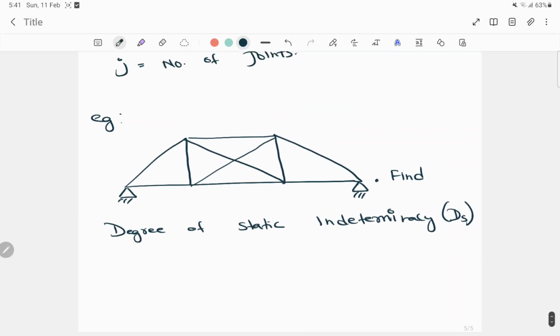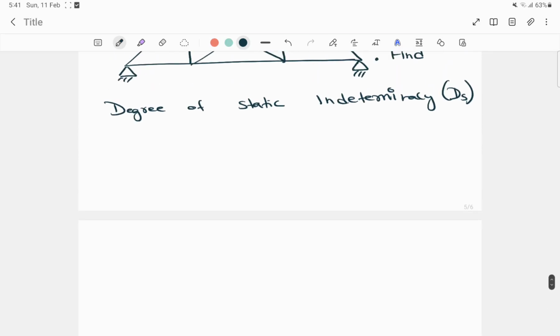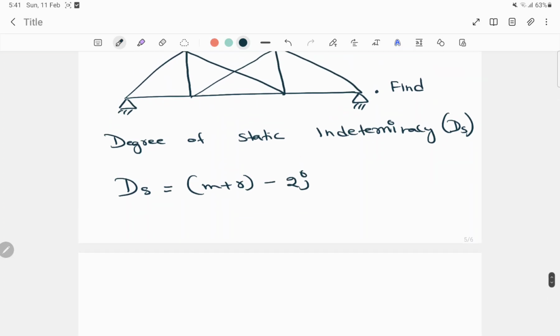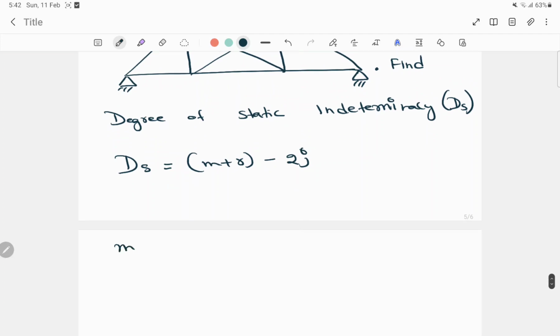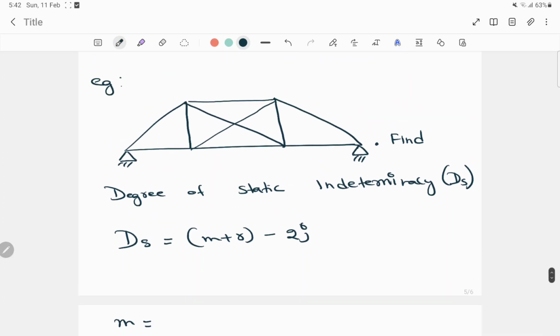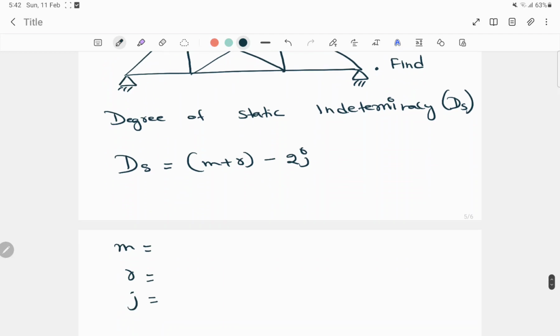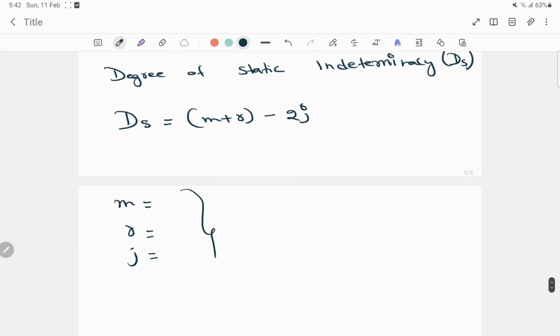Now we have a formula with us, that is ds is equal to m plus r minus 2j. So in this question, m is not known to us, r is also not known to us, and j is also not known to us. So from this diagram we have to find those values.